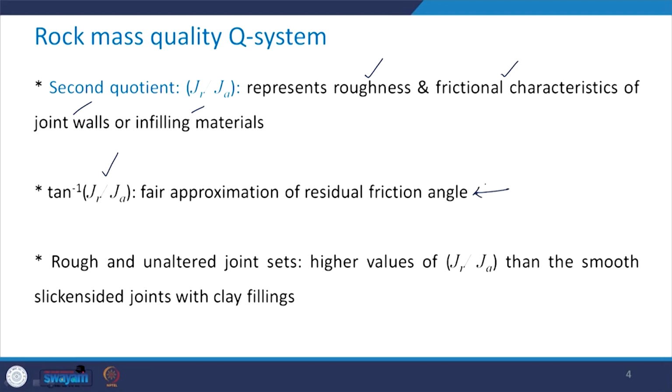If you have rough and unaltered joint sets, these will have higher values of this quotient Jr upon Ja as compared to smooth slickensided joints with clay filling. So the better the roughness characteristic of the joint, the higher the value of this second quotient Jr upon Ja.